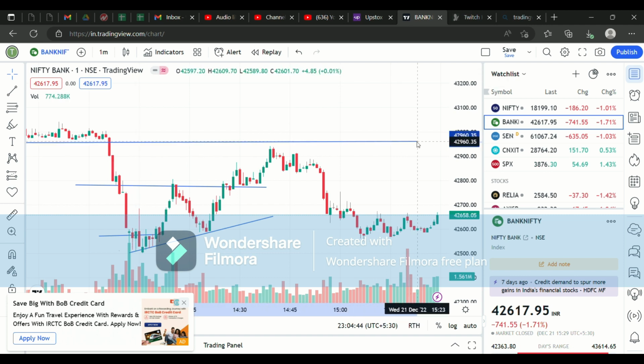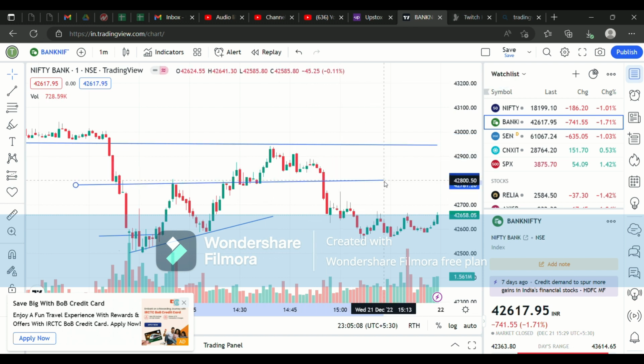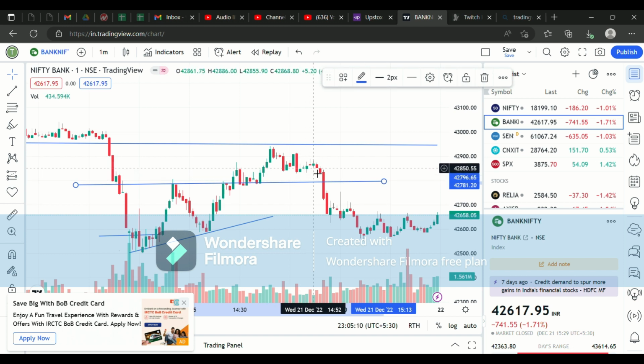So this point was acting as a resistance for Bank Nifty, because it took a rejection from this end as well. So I thought at this moment, around 3 o'clock, that it will make a green candle up to this point. So I initiated a CE trade on approximately this green candle.